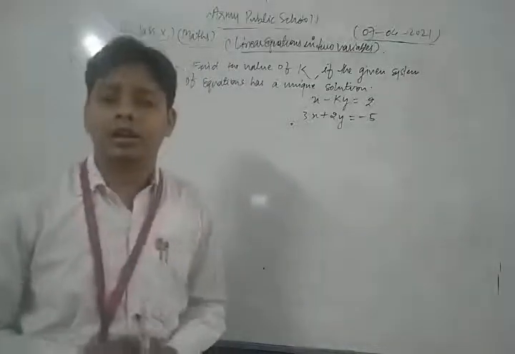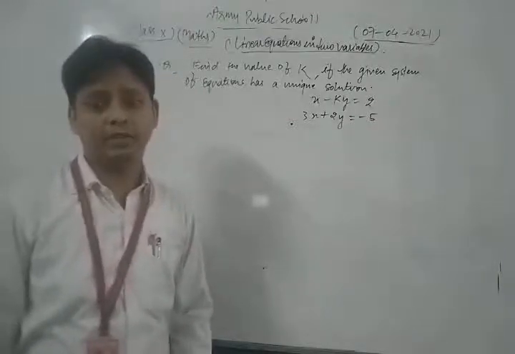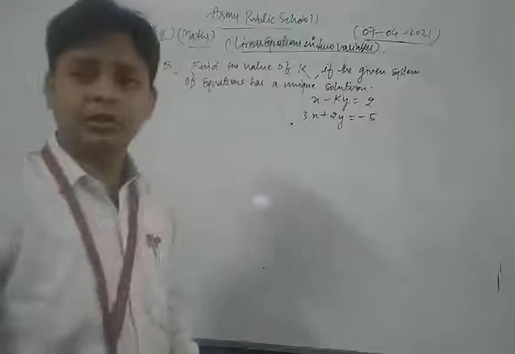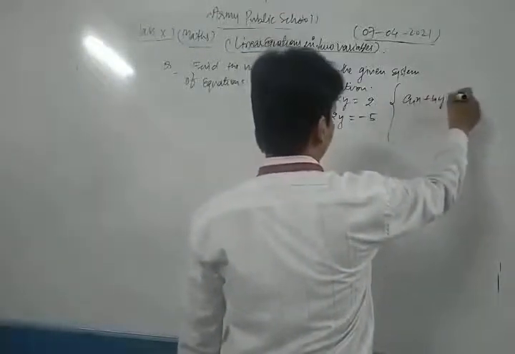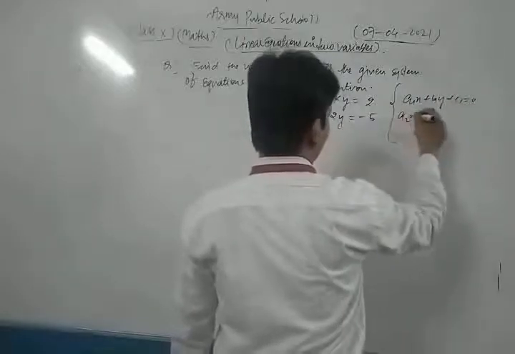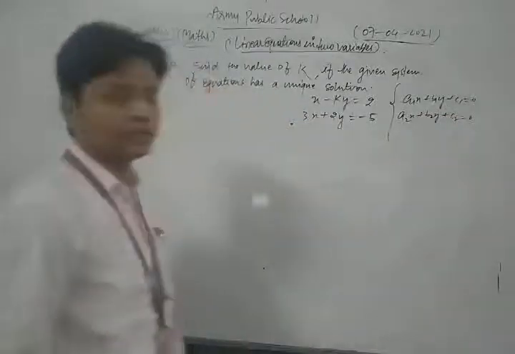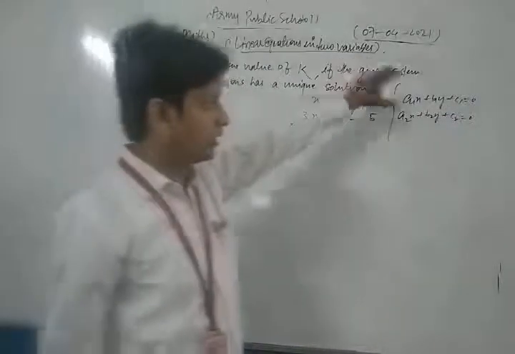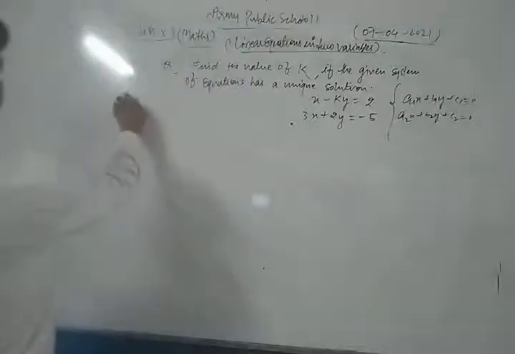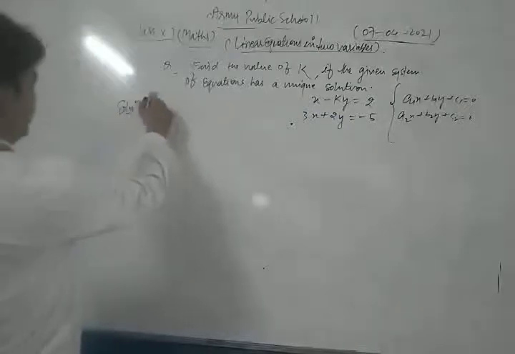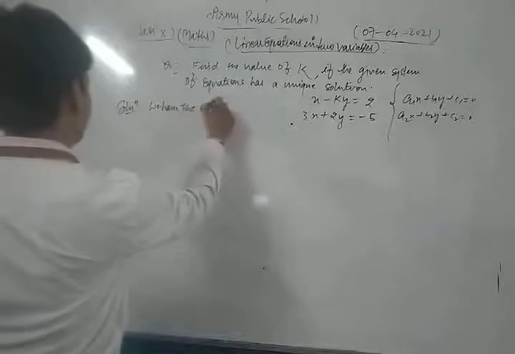Now dear students, for solving this question, first of all we arrange the given system of equations in the form a1x plus b1y plus c1 is equal to 0 and a2x plus b2y plus c2 is equal to 0. Okay, now let's see the solution.